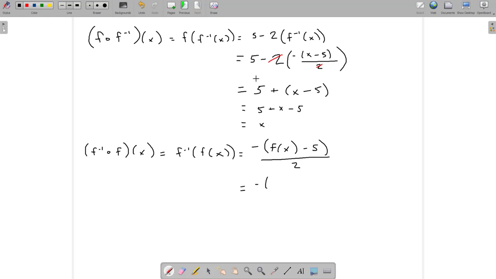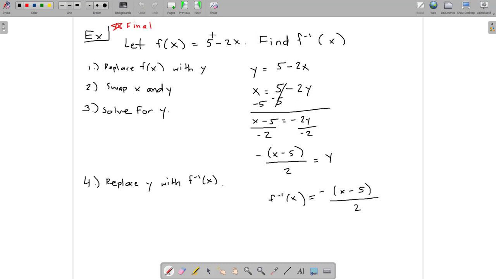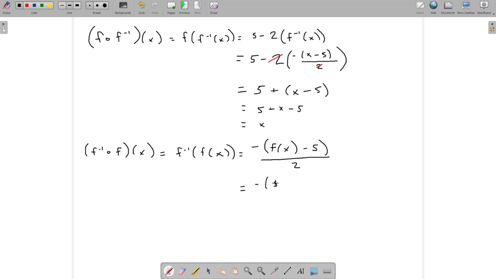So f of x was 5 minus 2x, right? Yeah. So 5 minus 2x. And then I have this minus 5 over here too. So again, this is positive 5, this is negative 5, so those two should cancel out with each other.